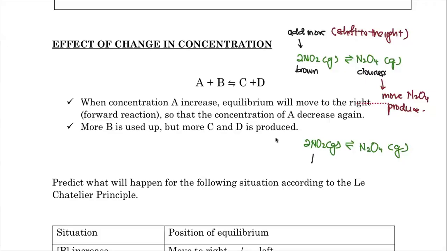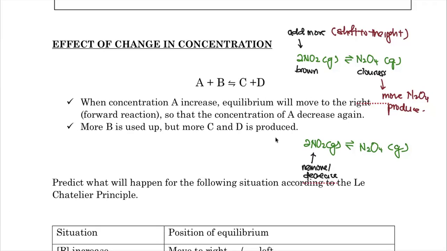If NO2 is not added, now I remove some of the NO2 or decrease it. What kind of effect will I get? The system would try to replace the NO2 that I removed.